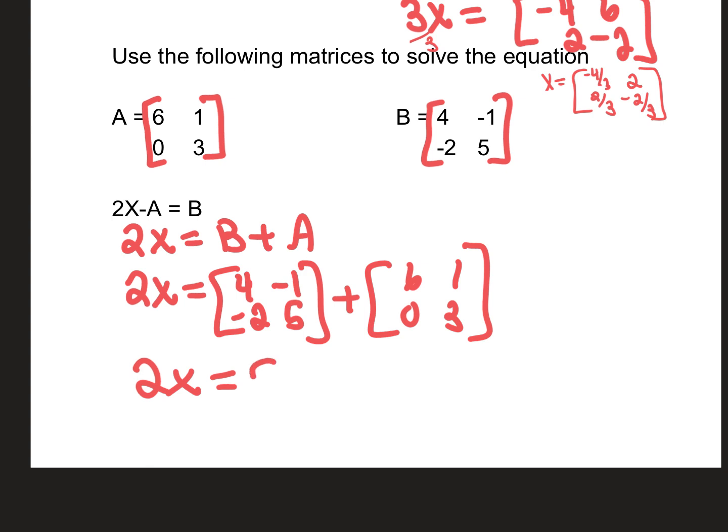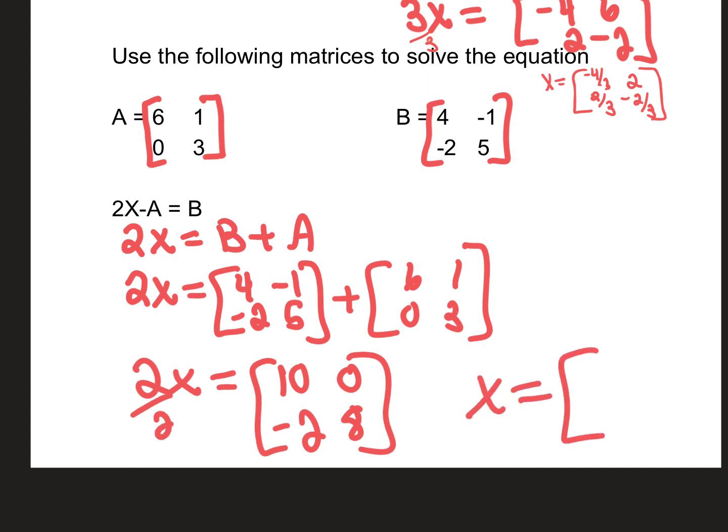Okay, so then I'm going to have 2x equals, I'm going to add my corresponding pieces. So I'm going to have a 2 by 2 matrix. I'm going to have 10, negative 1 plus 1 is 0, negative 2 plus 0 is negative 2, 5 plus 3 is 8. And then if I divide everything by 2, I'm going to get 10 divided by 2 is 5, 0 divided by 2 is 0, negative 2 divided by 2 is negative 1, and 8 divided by 2 is 4.